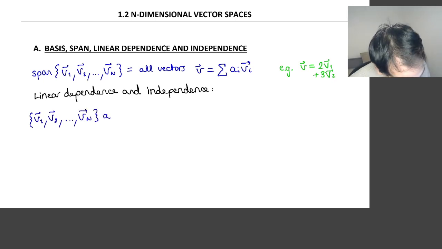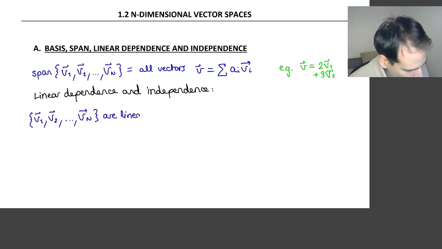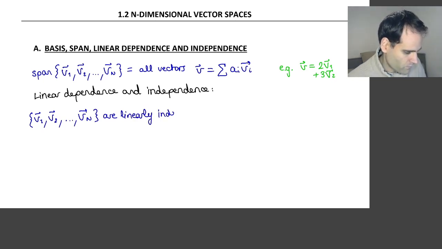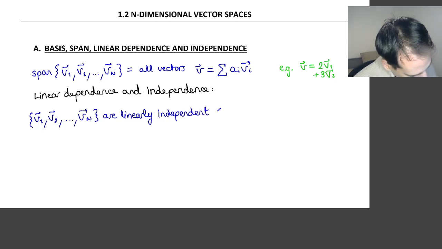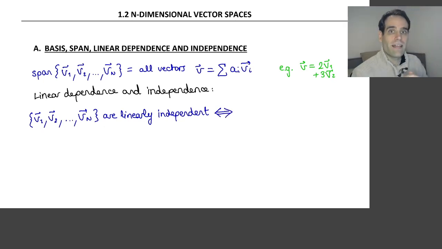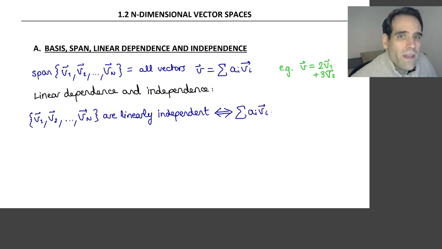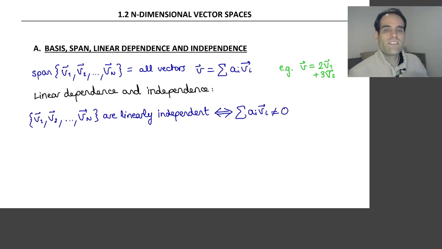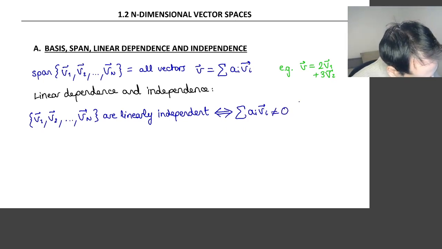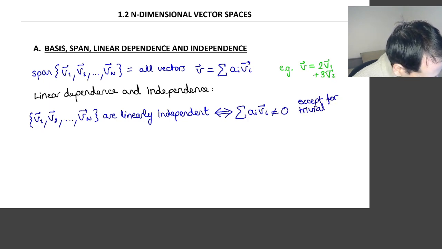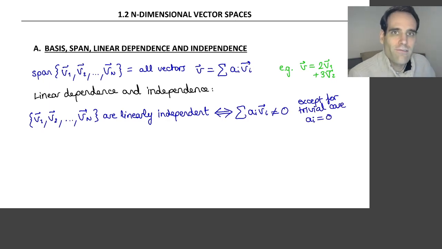They are linearly independent if and only if this linear combination of these vectors is always different to 0, except for the trivial case when all of the coefficients of the linear combination are 0.